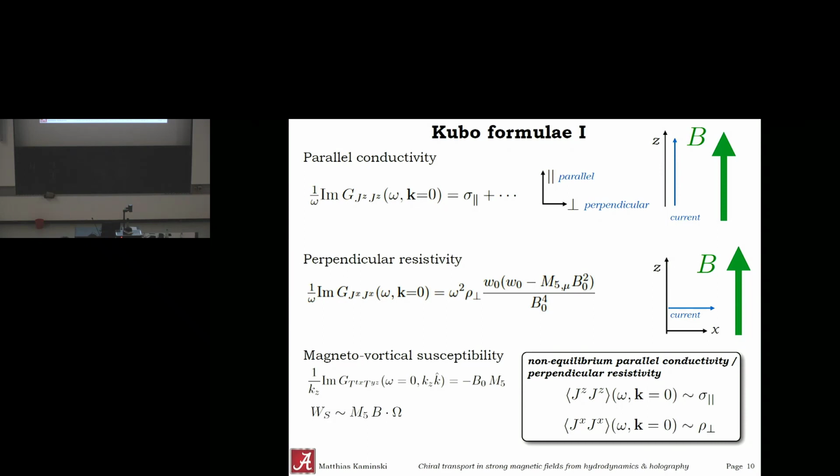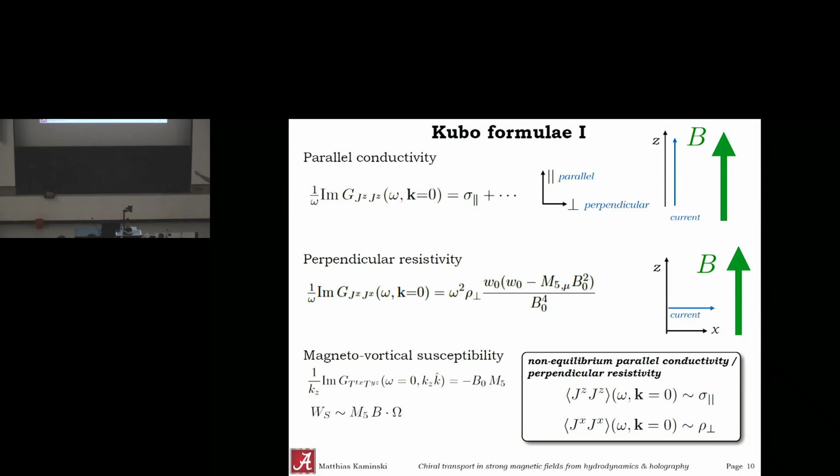And that's understandable. So here's a picture of this situation. We have a current that is aligned with the z direction, with the magnetic field. Your charge carriers don't really feel any effect of the magnetic field. So your two-point function divided by the frequency is related to just this parallel conductivity.